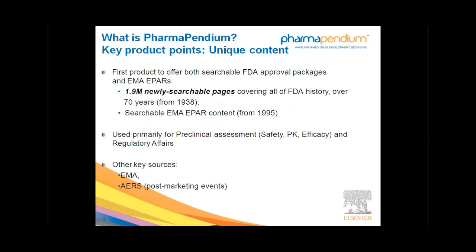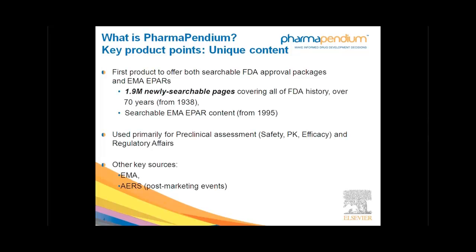This webinar is intended for those who have some familiarity with PharmaPendium. However, just as a quick refresher, I will just provide a brief description of PharmaPendium. So what is it? PharmaPendium is the first product to offer both searchable FDA approval packages and EMA data. There are over 1.9 million searchable pages now available on PharmaPendium. It's used primarily for preclinical assessment and regulatory affairs, and we also have ERS data available.